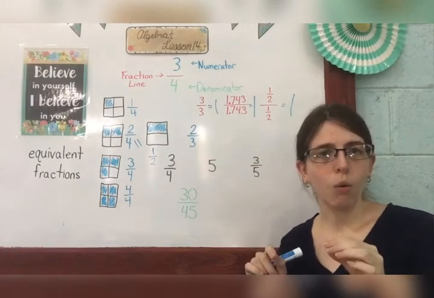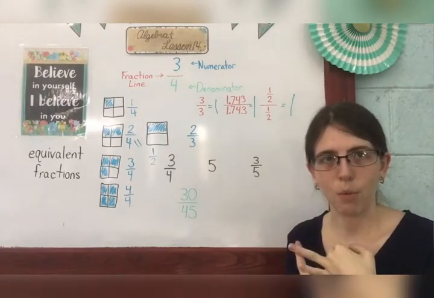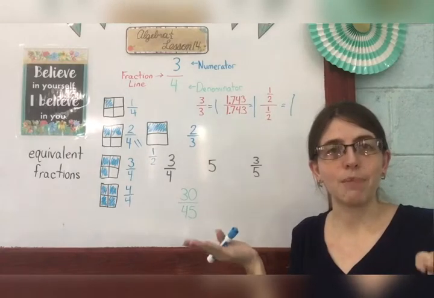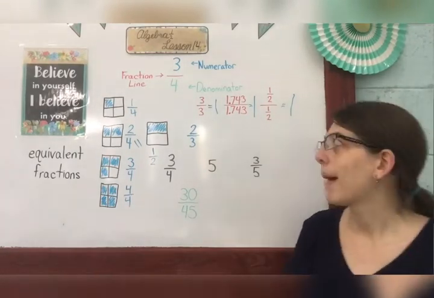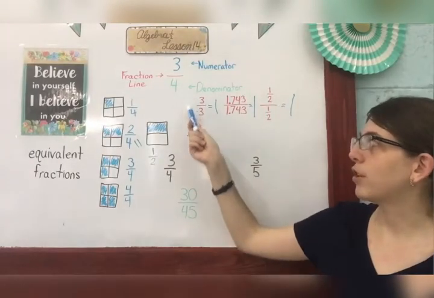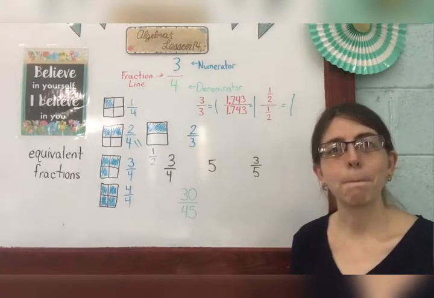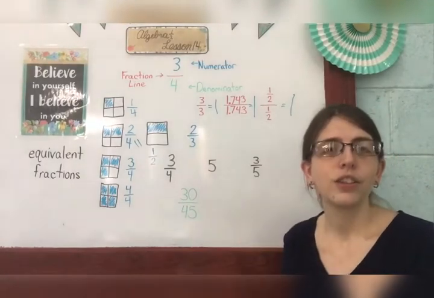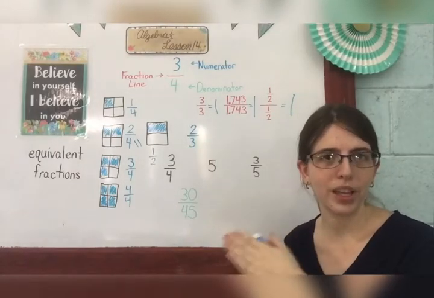Now we know that if you multiply something by 1 or if you divide something by 1, you end up with the same number, right? So if you multiply something by a fraction with the same number in the numerator as you have in the denominator, that means you're multiplying it by 1. So the value does not change, even though the numbers will change.